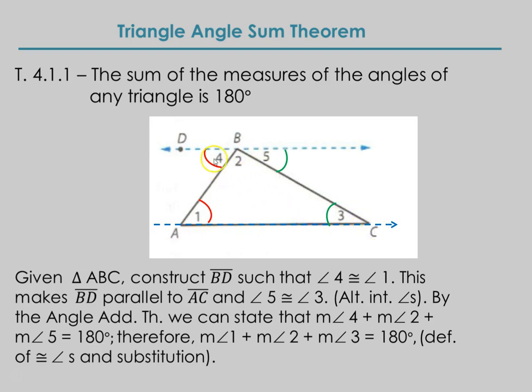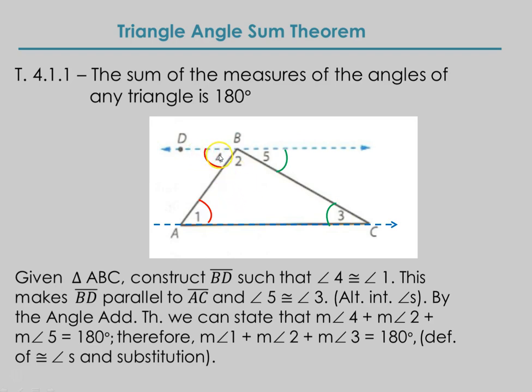This creates a set of alternate interior angles that are congruent. It also creates a second set of alternate interior angles, angle 5 and angle 3, that are congruent. Now if you look at these three angles, 4 and 2 and 5, they are three angles that add to the straight angle of 180.